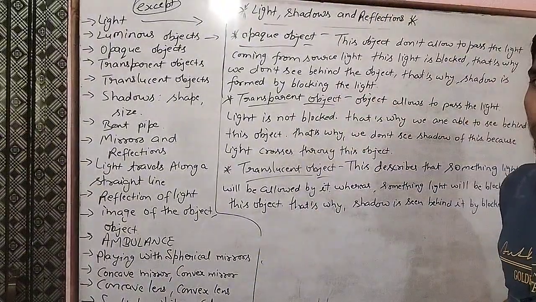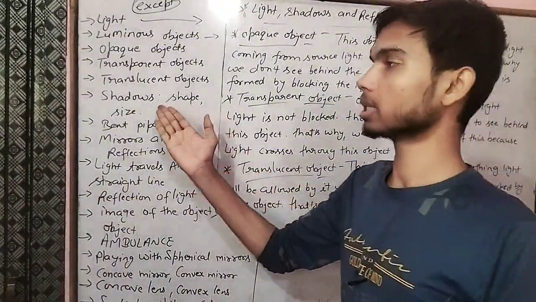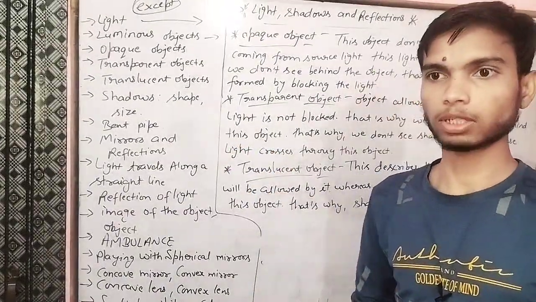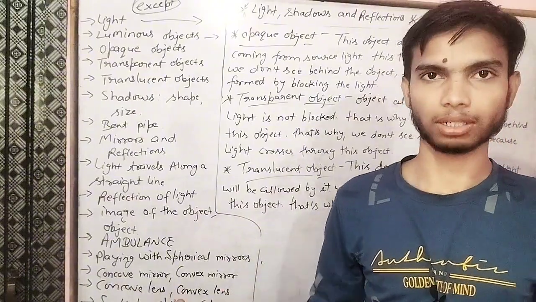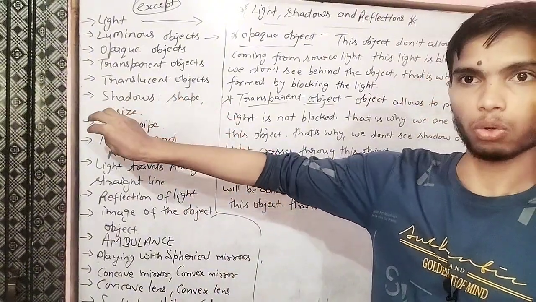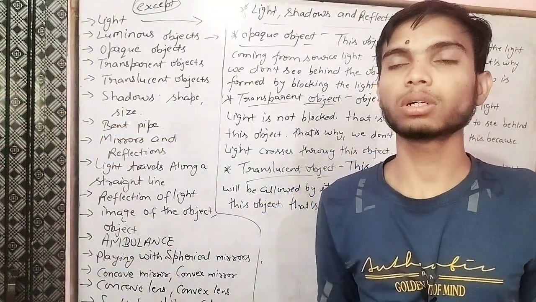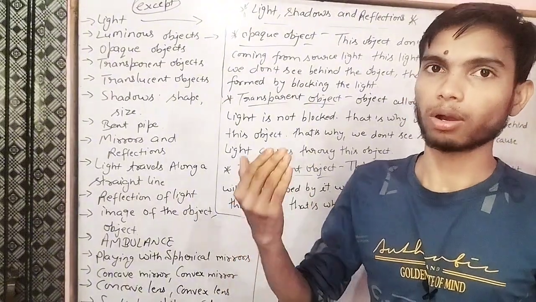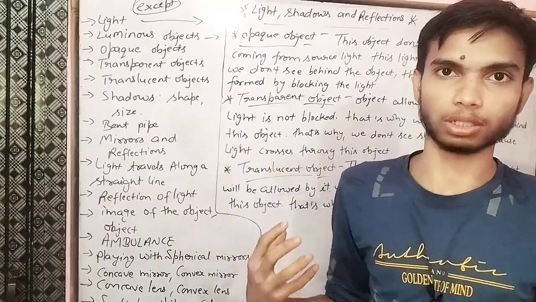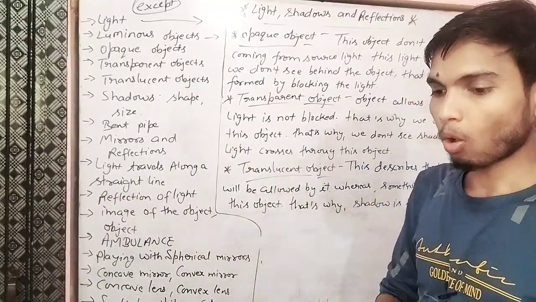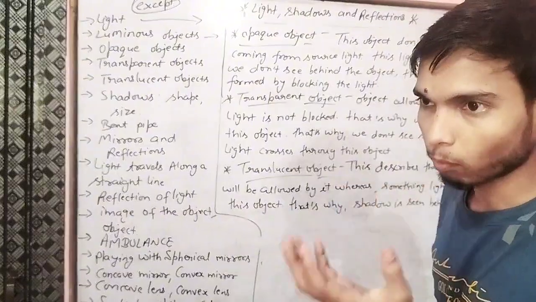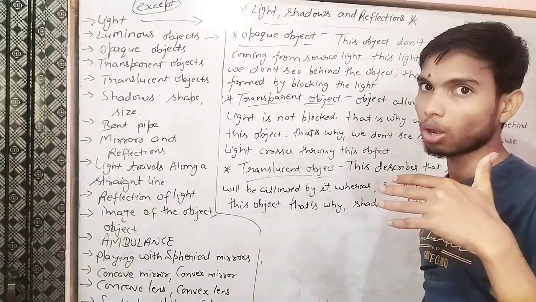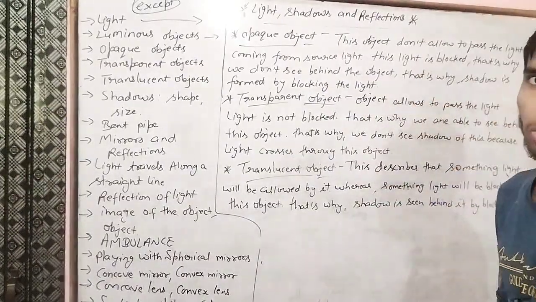Shadows give us additional information such as shape and size. The shape of a shadow of an object could be different, which means it will not tell the real shape of the original object. The shape of the shadow could be different from the original shape.